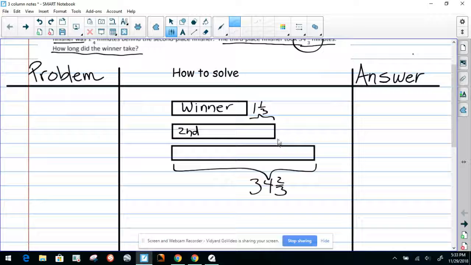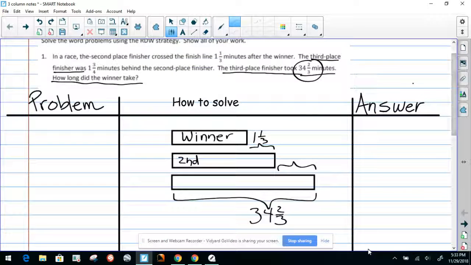But here's what happens. This person came later, and the problem gives us how much later: the third place finisher was 1 3/4 minutes behind the second place. So let's write this down. Now you can see that to find out how much time the second place took to get there, we have to subtract these two numbers to get this isolated.